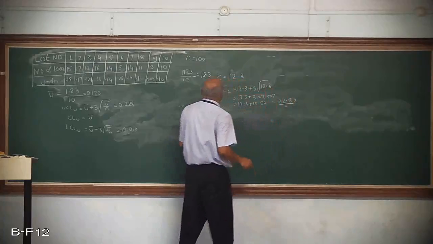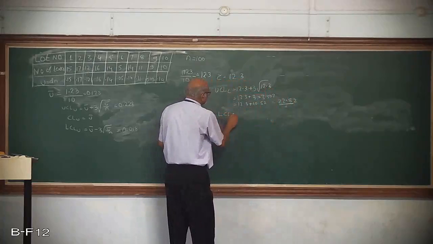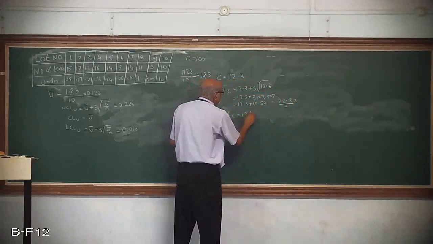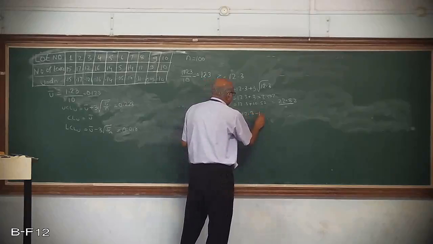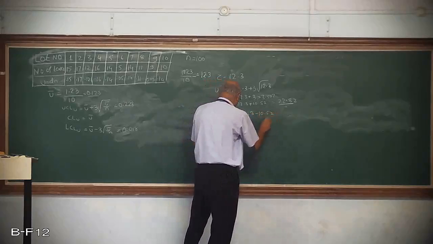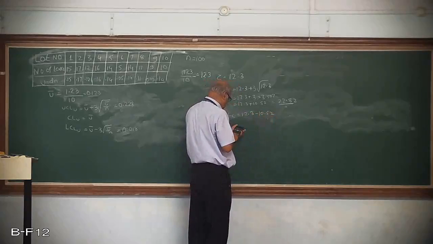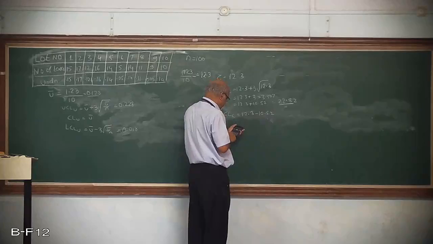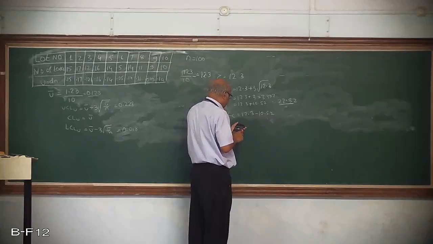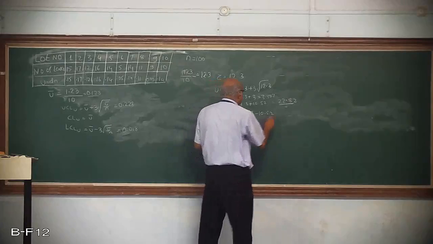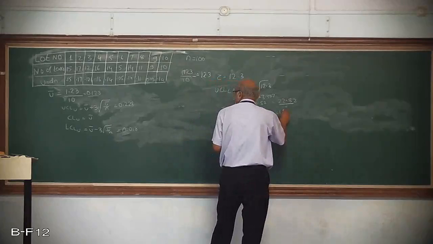22.82. Lower control limit is 12.3 minus 10.52. This is 1.78.